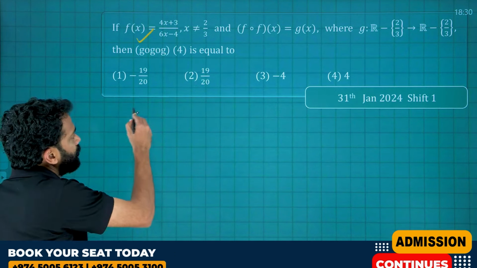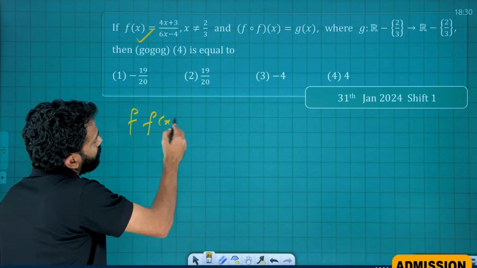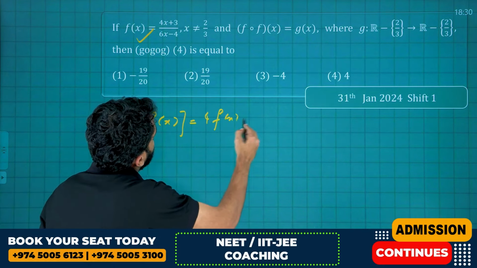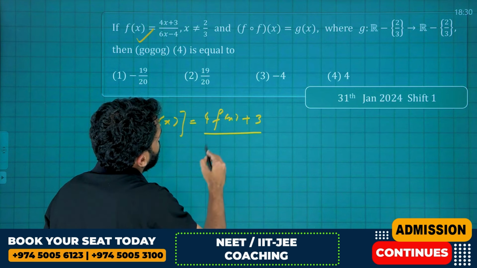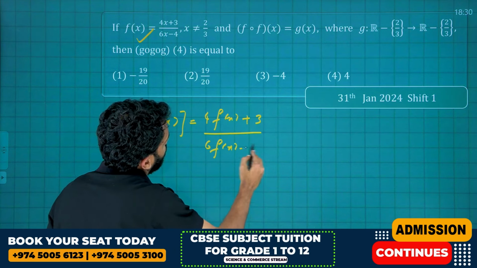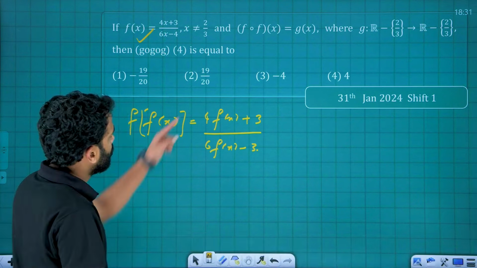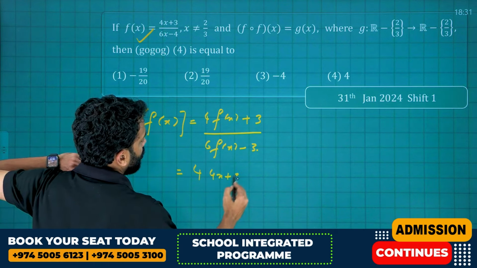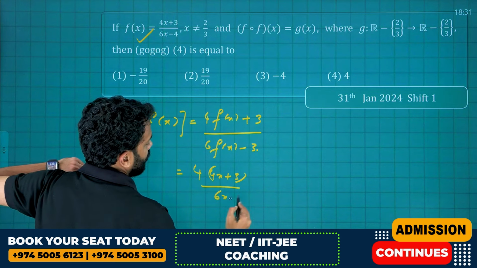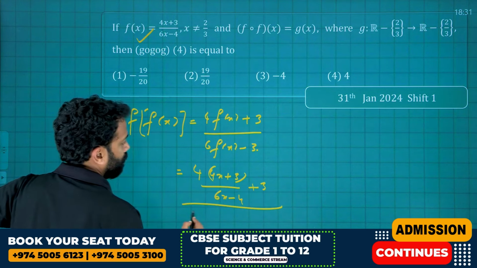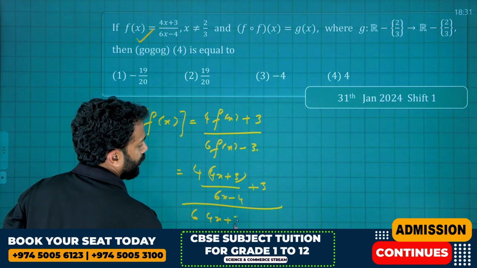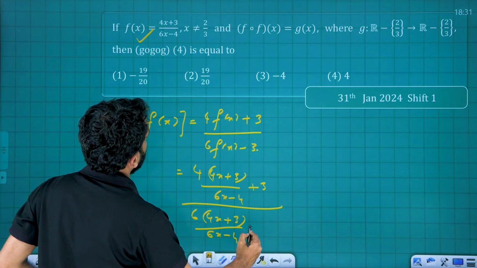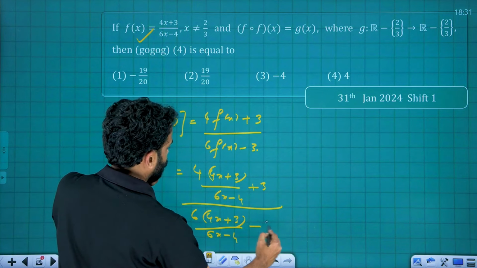Okay. So what is f of f of x? That is 4 into f of x plus 3 divided by 6 into f of x minus 4. Substitute this here, you will get 4 into (4x plus 3 divided by 6x minus 4) plus 3, divided by 6 into (4x plus 3 divided by 6x minus 4) minus 4.